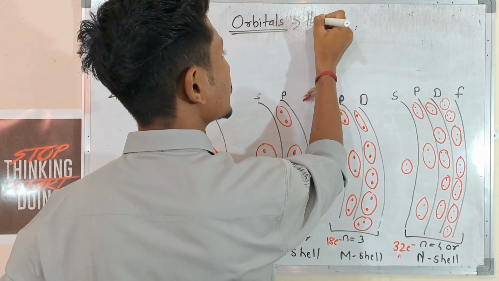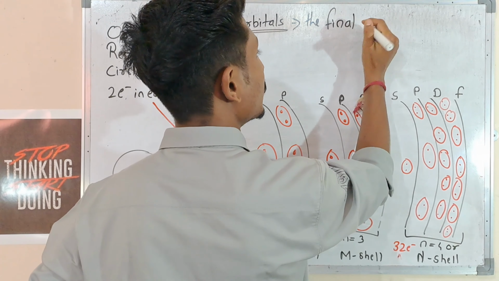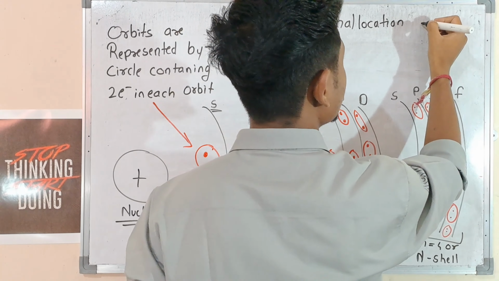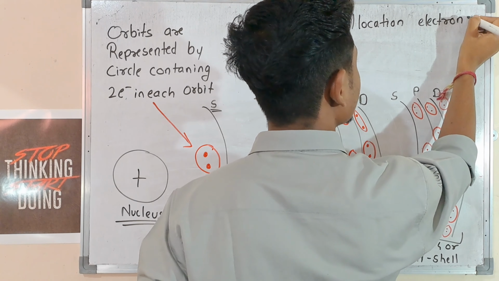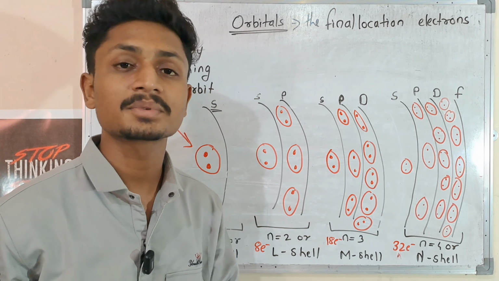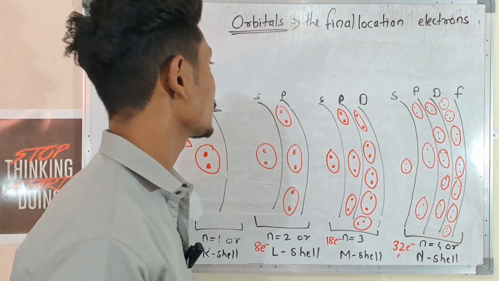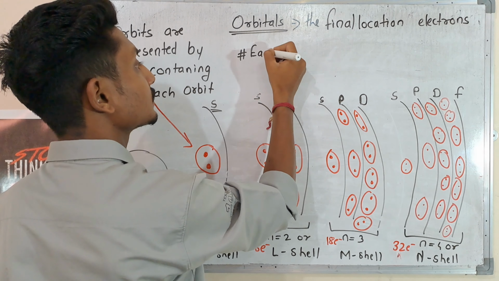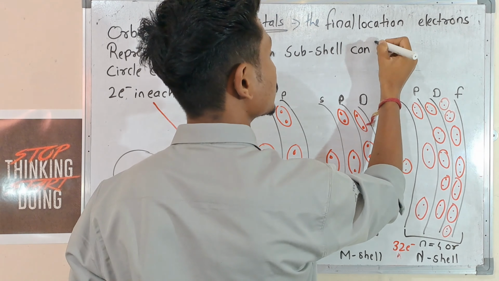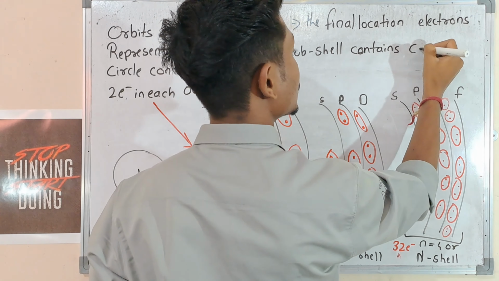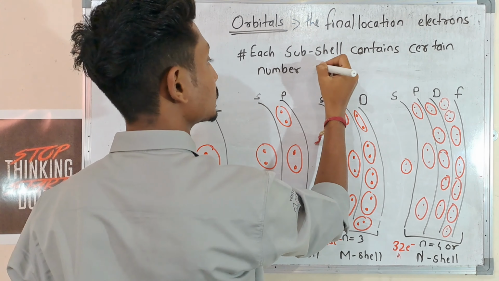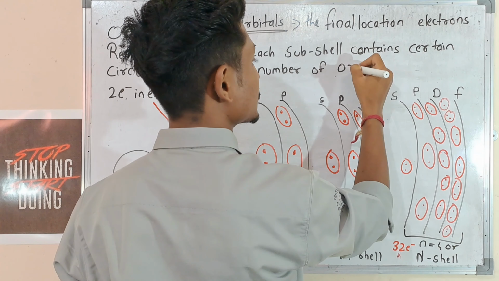Orbitals are the final location of electrons, and you also have to know that each subshell contains a certain number of orbitals.